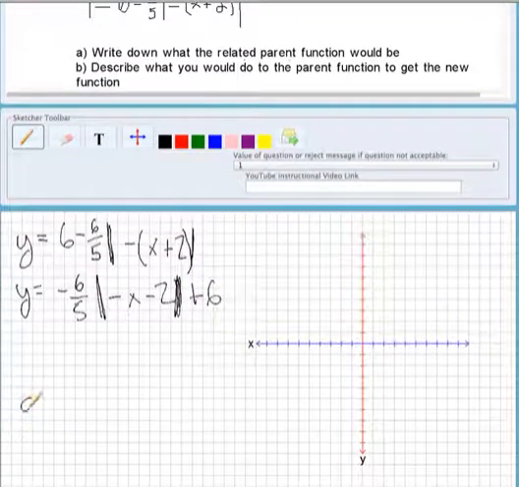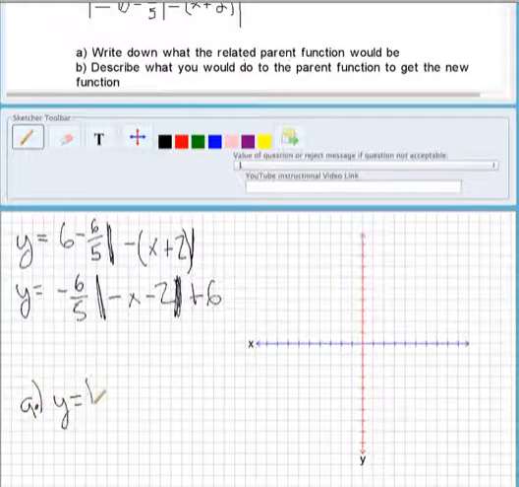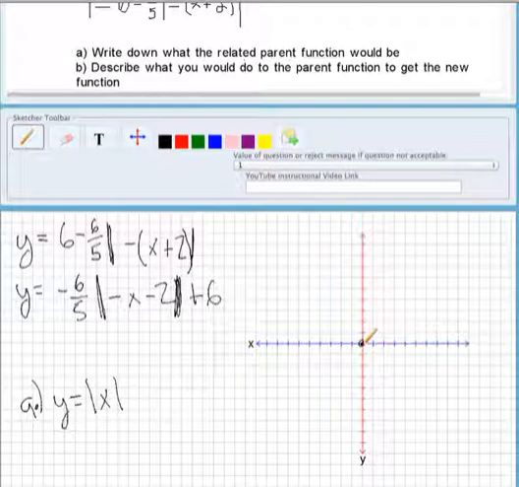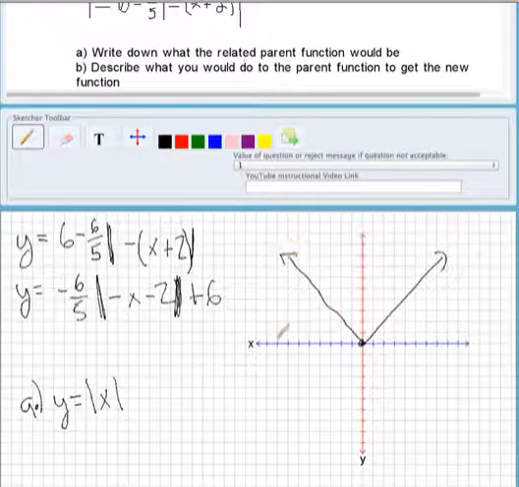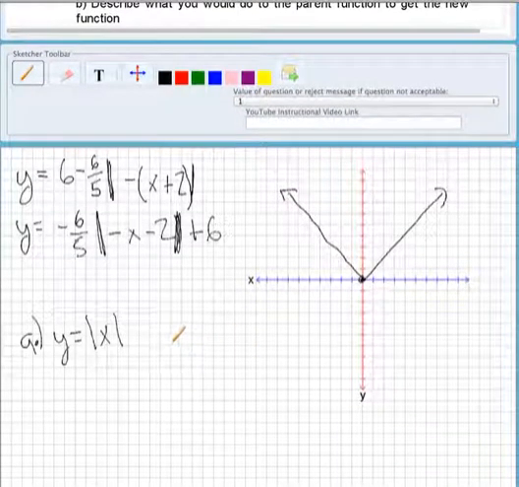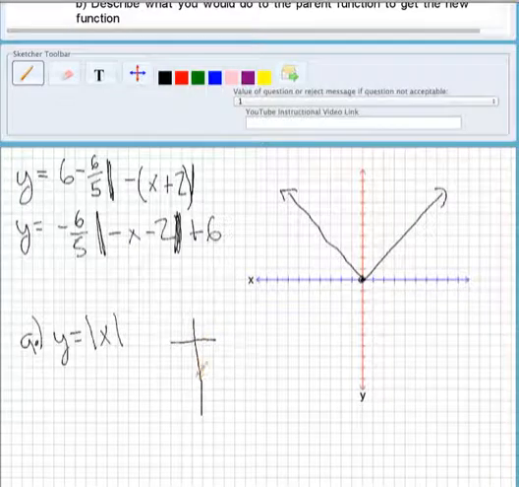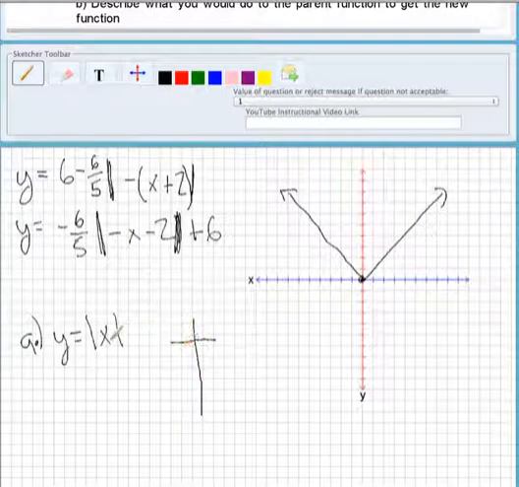So a is our parent function, and it's just going to be y equals the absolute value of x. When we graph it, it is y equals x when x is positive, and y equals negative x when x is negative. The absolute value makes your x value positive.